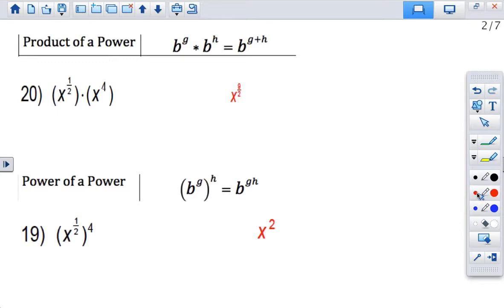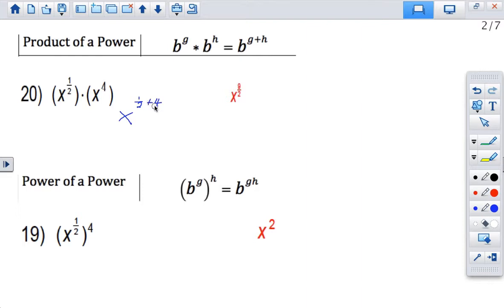The process they use to get that is, because you have the same bases, you have a base of x raised to the power of 1/2 plus 4. I'm not going to go through the whole process of getting common denominators and everything.